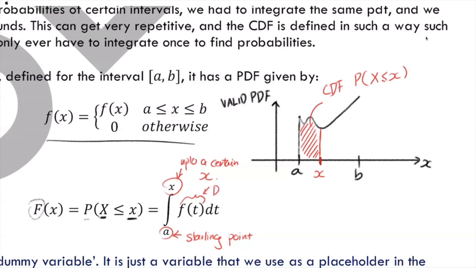So the PDF is denoted by lowercase f, and the CDF is denoted by capital F, because when I integrate, usually I use a capital.